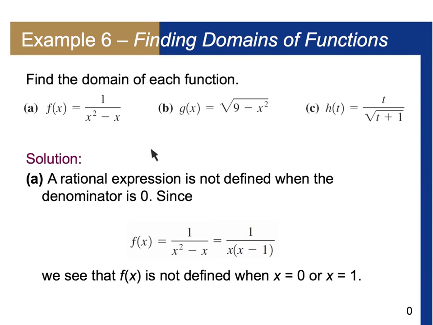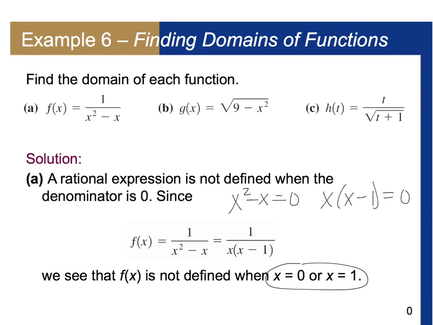Okay, let's look at some other examples. Let's say f of x equals x squared minus 1 over x squared minus x. Now we can't have 0 on the denominator, so we have to look at where x squared minus x is equal to 0. So we want to see where x squared minus x equals 0. And then when we factor, we get x equals 0, x equals 1.